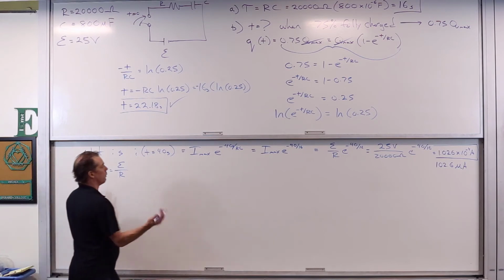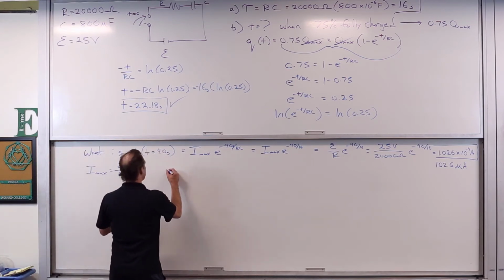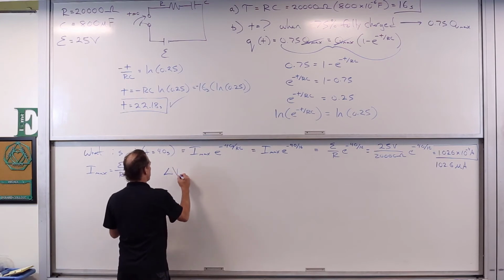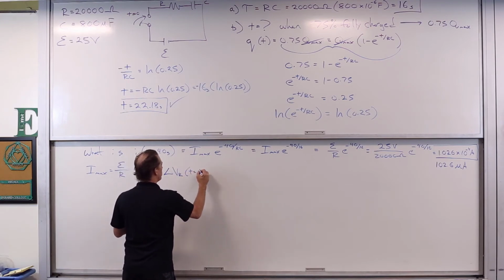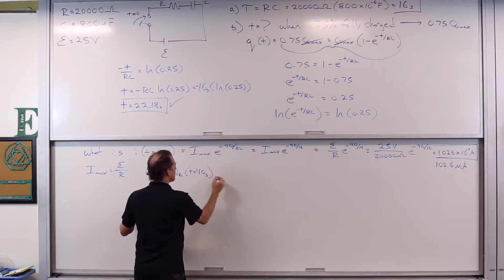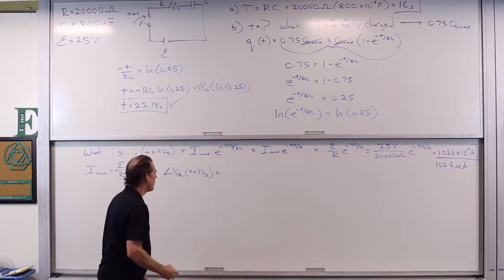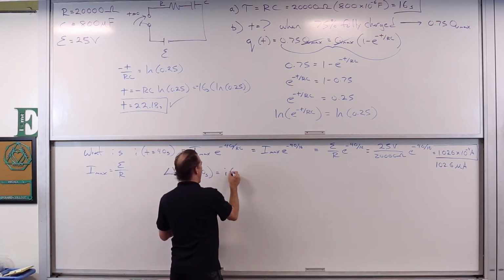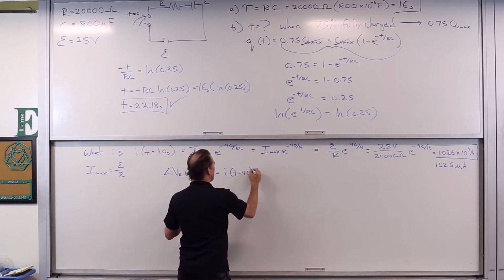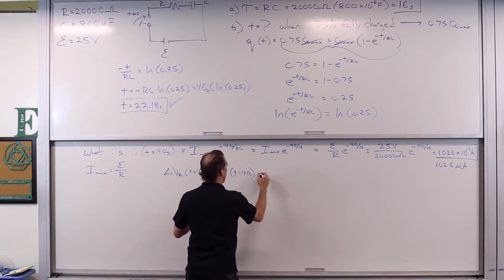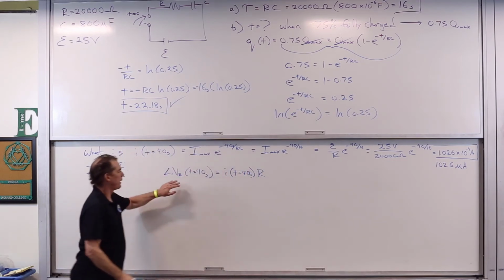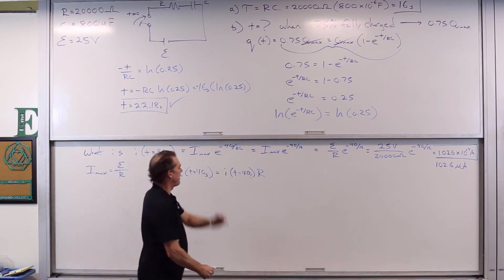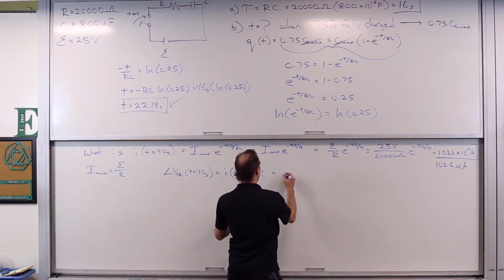Anyway, that's that. What if we want to know what the potential difference is across the resistor at that time? Delta V sub R at t equals 40 seconds. Well, that's going to be equivalent to I of t at t equals 40 seconds times R. Or we could just evaluate that, but we've already got this, so we can just go ahead and use this.